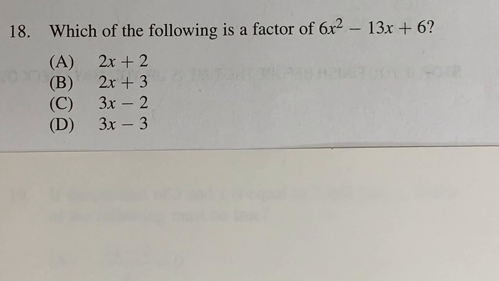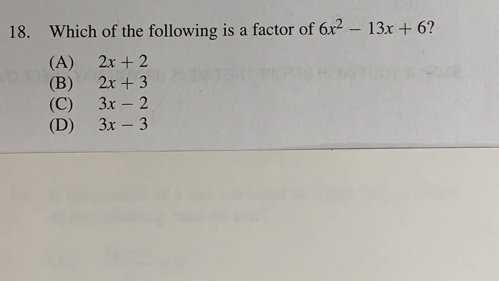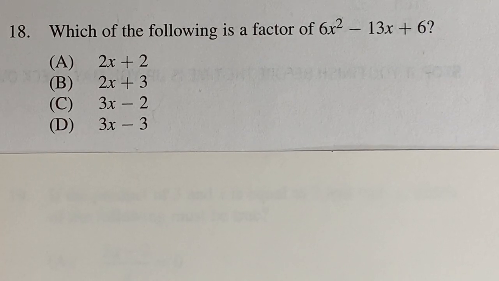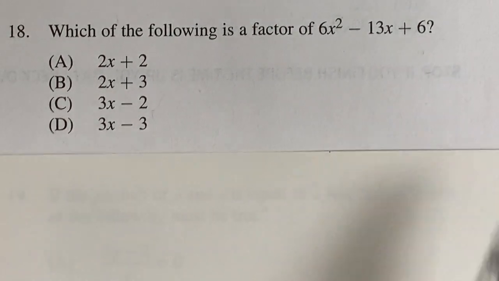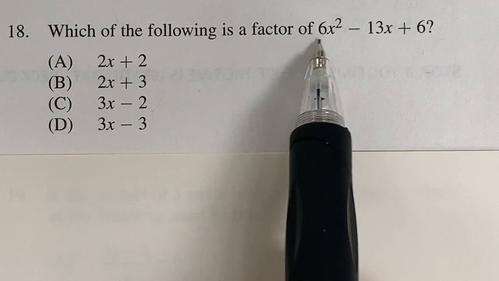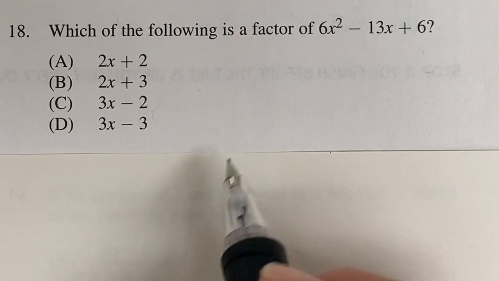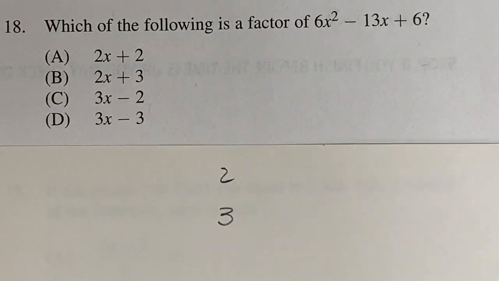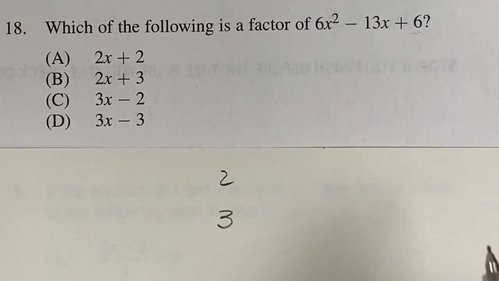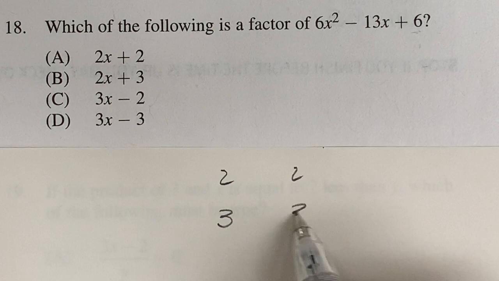This is a factoring problem on number 18. It says, which of the following is a factor of 6x squared minus 13x plus 6? Here I have to factor the trinomial, so I have to find the factors of 6, which could be 2 and 3, and then the factors of 6 again, which could be 2 and 3 again.